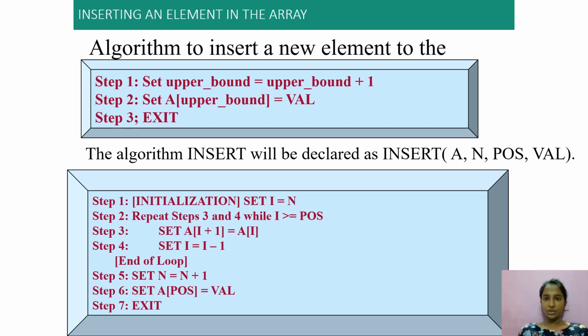Algorithm to insert a new element to the array. Step 1, you need to set upper bound equal to upper bound plus 1. Step 2, you need to set A[upper bound] equal to VAL. Step 3, exit. Then the algorithm INSERT will be declared as INSERT(A, N, POS, VAL), and the other steps are given.